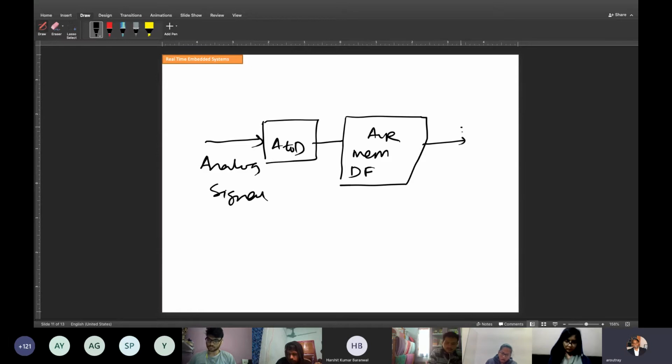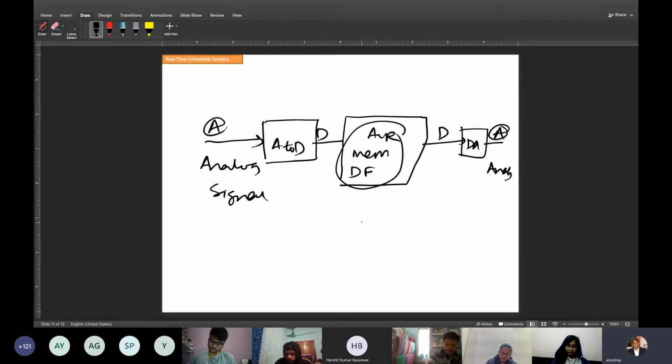Then D to A, then again analog. So this is digital, this is digital, this is analog, this is also analog. Your digital filter algorithm works on this microcontroller, and this is in real time.